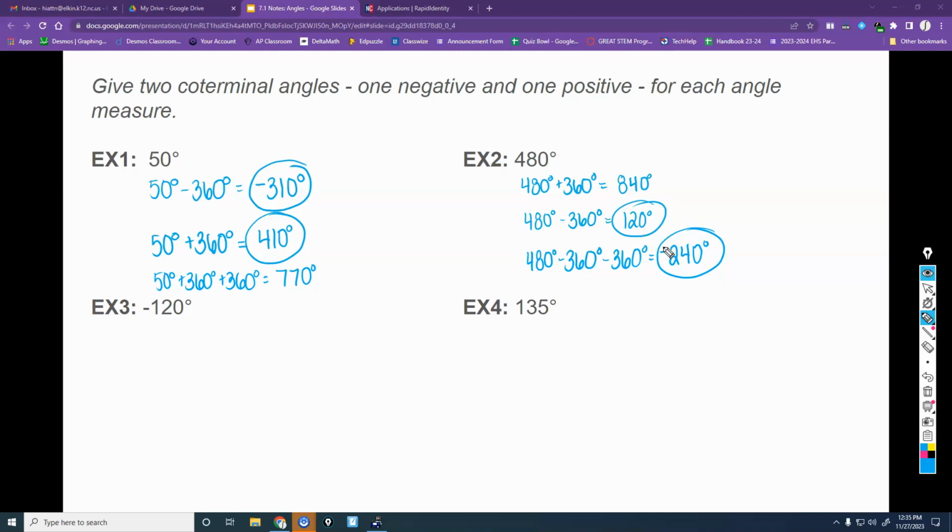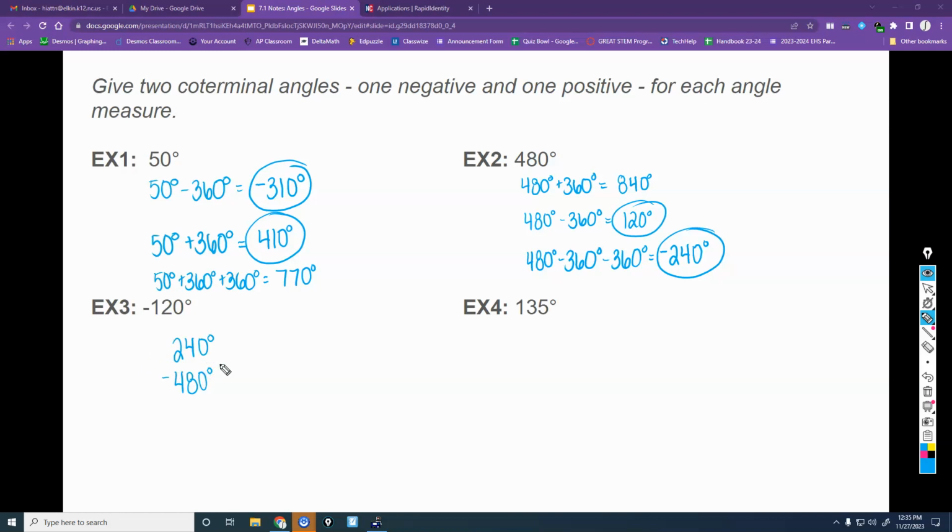Let's see what you guys got for number 3. Who can tell me one of your answers for number 3? Okay, what'd you get, Adriels? 240 is perfect. That's if we add 360. All right, Isaac, how about another one for that one? Negative 480. Those are probably your 2 most common answers for this.